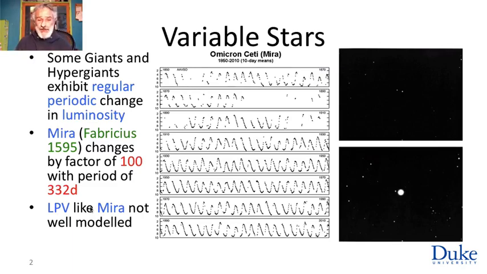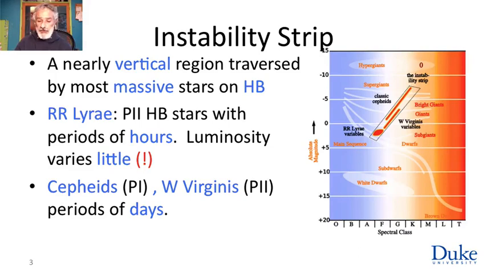The physics and the modeling of these variable stars is difficult, and Mira is the best known variable star, but not the best understood one. I want to talk about the ones that we understand better, and those are located in something called the instability strip. That's this region on the HR diagram over here, which is almost vertical.